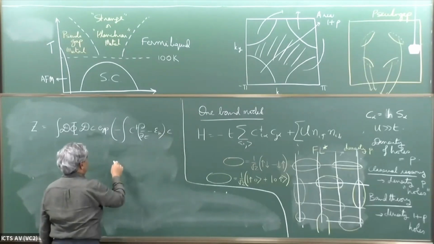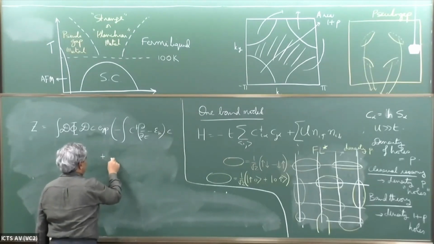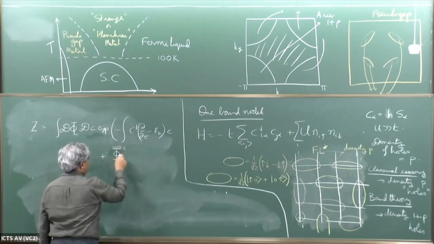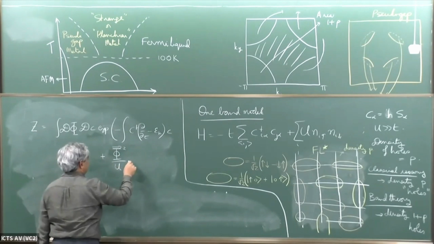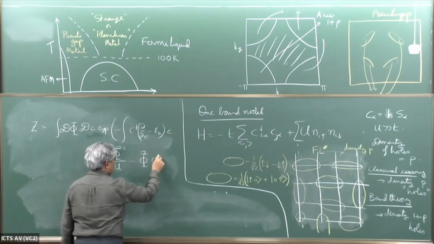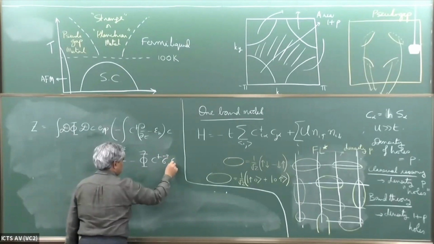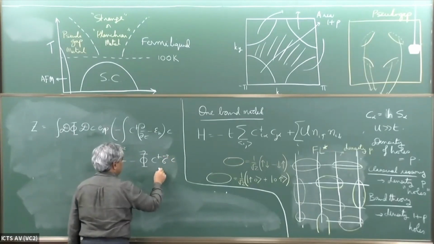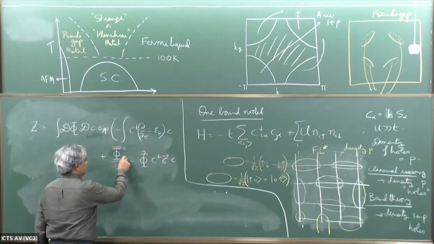And the important term is you get a phi squared with some strange factors that we've worked out way back when, and phi is coupled to C dagger sigma C, the spin of the electrons, on each site.